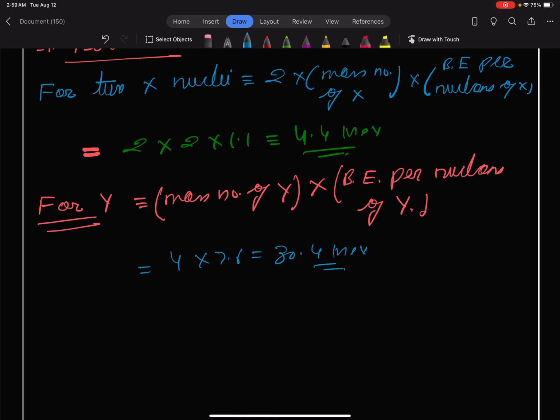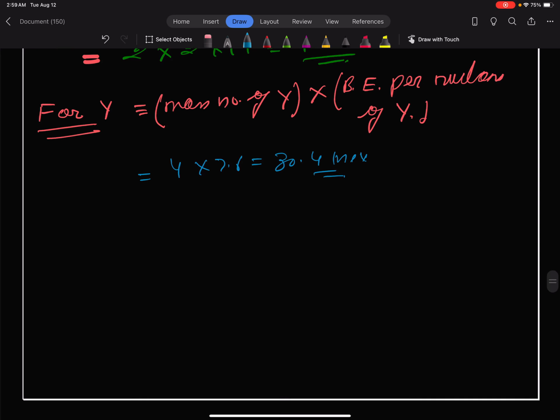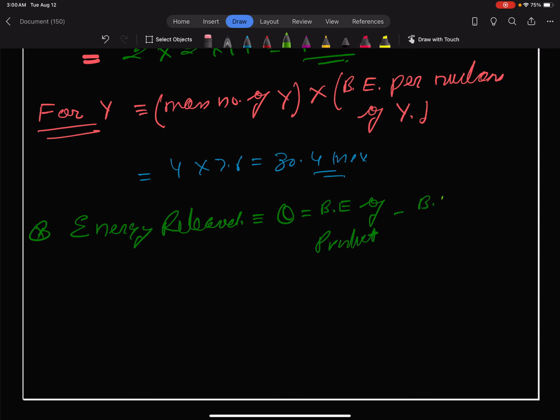So the energy released, that is our Q, will be equal to the binding energy of product minus the binding energy of reactant.